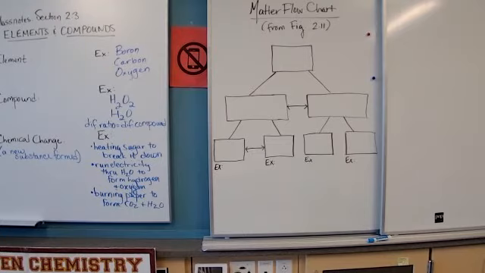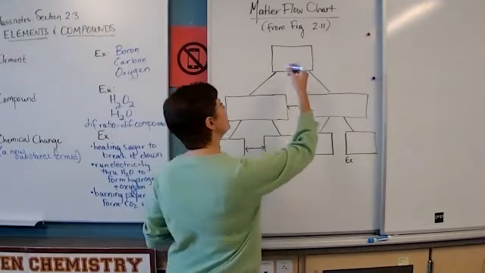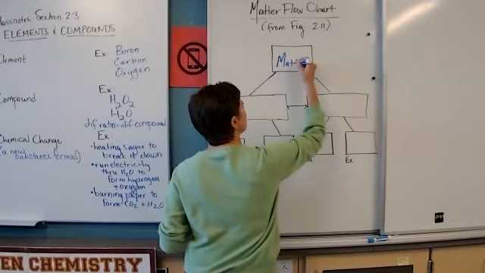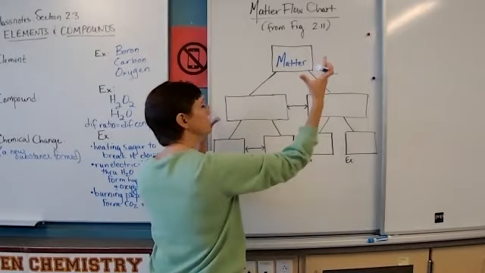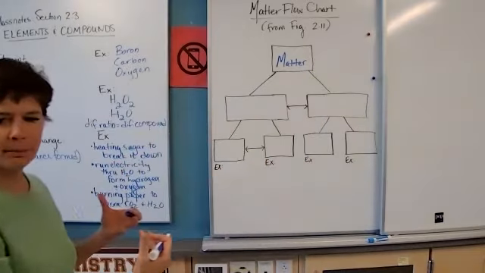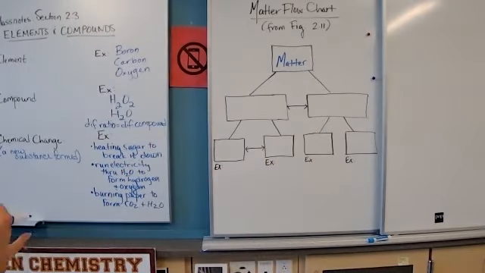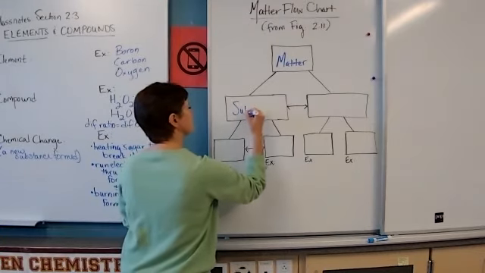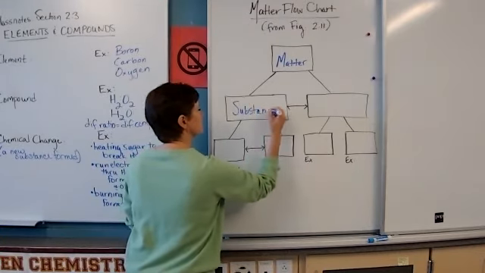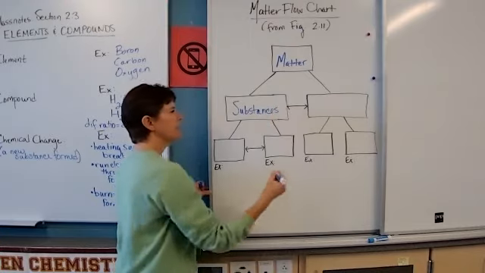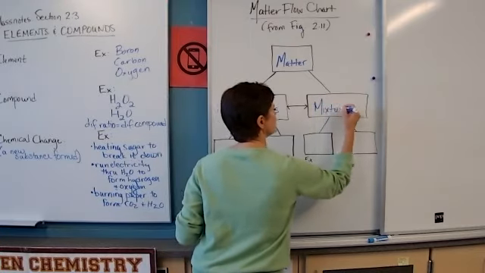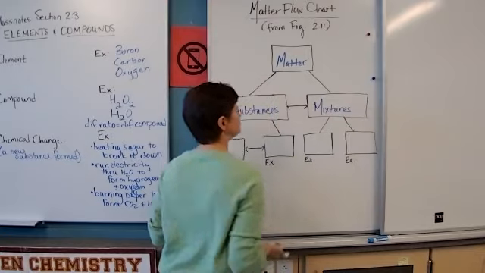I want you to understand that we have matter as a huge category, and we can break that apart into the two types of matter: substances, which we just talked about, and mixtures, which were referred to in 2.2.